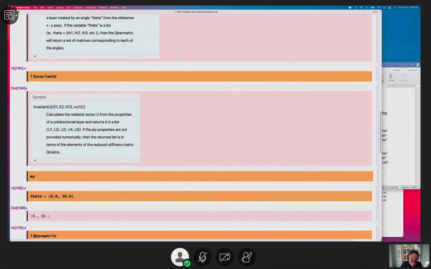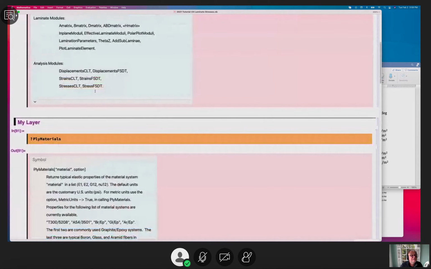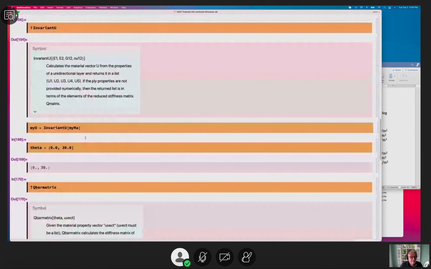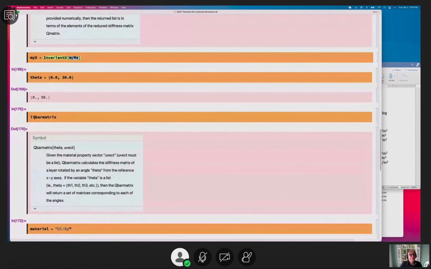So my U is equal to invariant U, and oops, my materials, what did I say? What did I assign my material properties to? My properties. Copy this, put it here.